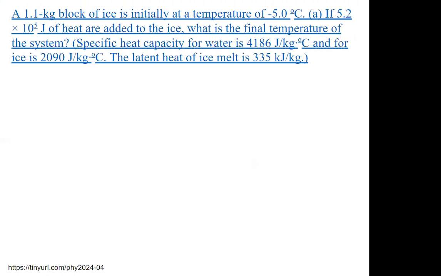I'll give you a couple of minutes to come up with a plan, or think about how you want to solve this, and then we'll look at the solution together.